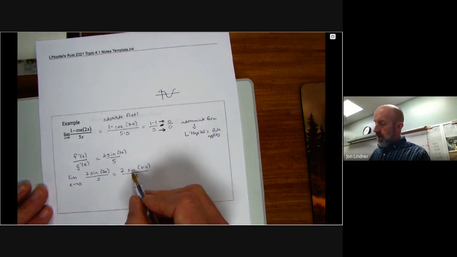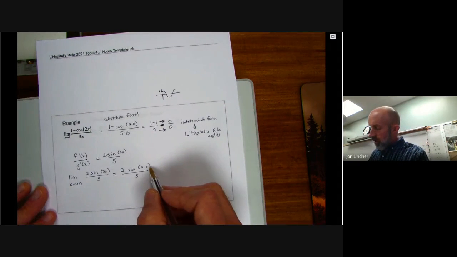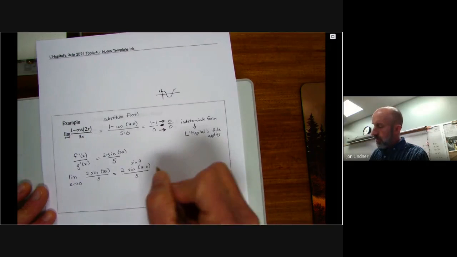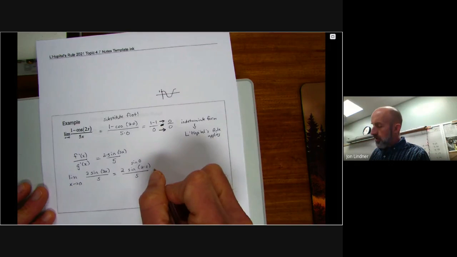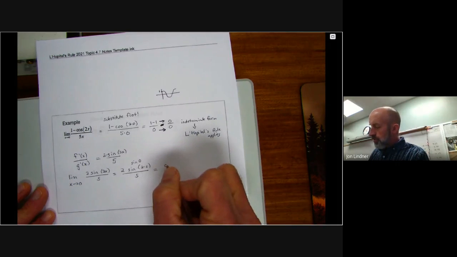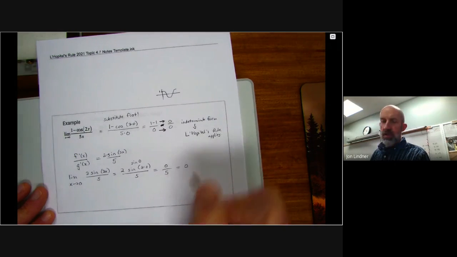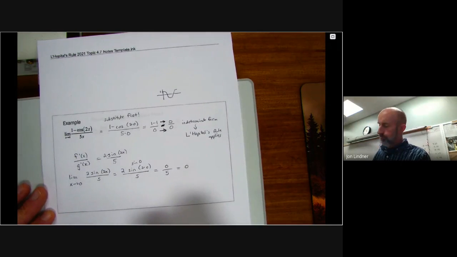The 2 times 0 is 0, and the sine of 0 is 0. So this limit is equal to 0 over 5, which is okay. The limit is 0.